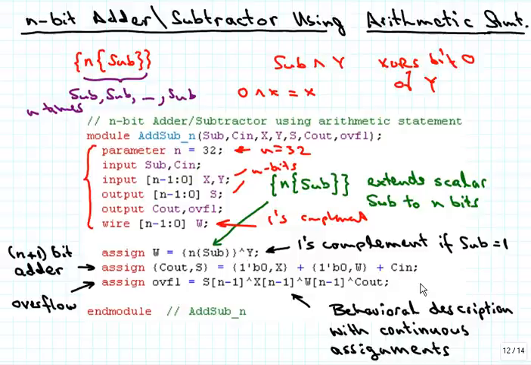Then we compute the sum, as we just outlined on the previous slide. We trick Verilog into thinking this is an n plus 1 bit number by adding the 1'b0 to x and to w. And then the output is going to be n plus 1 bits, because s is only n bits. We get an additional bit that we put into Cout, so that's our carry out.